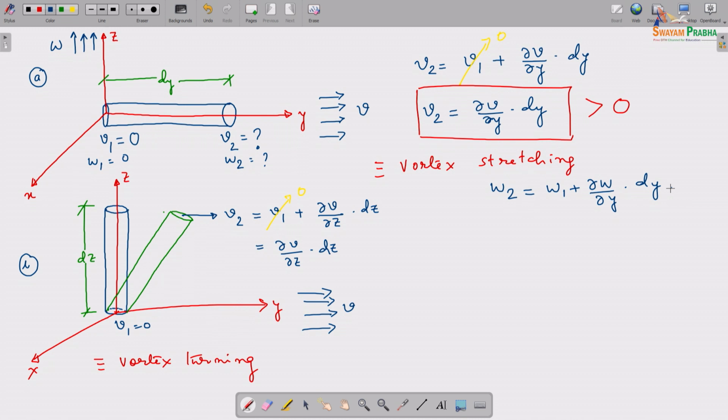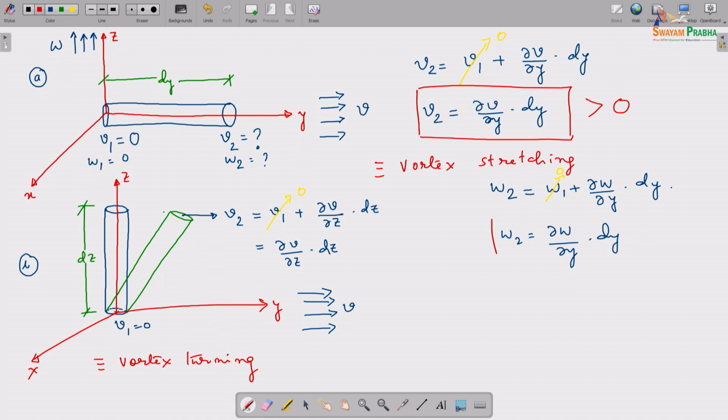So essentially what I am trying to say is, now the point is w2. Say this w2 that I have just written here, and again this one is, say, 0. Then my w2 becomes del w del y into dy, is that right?